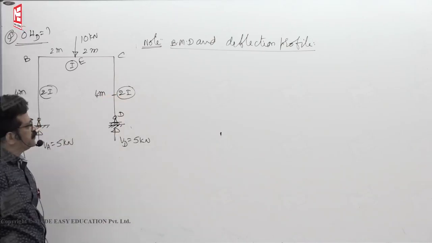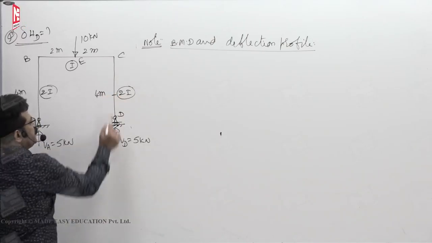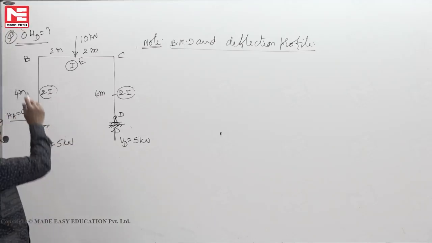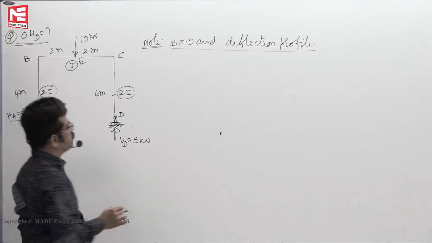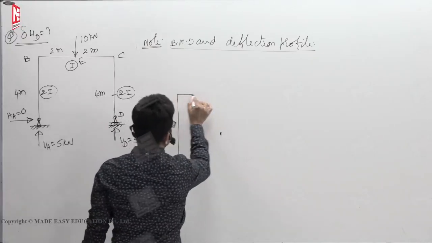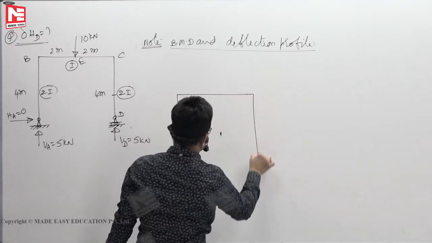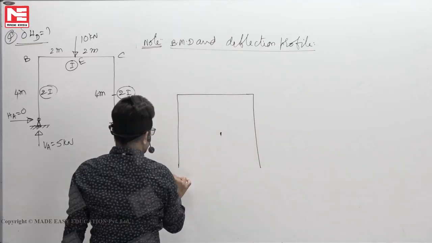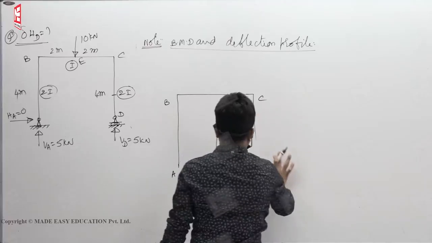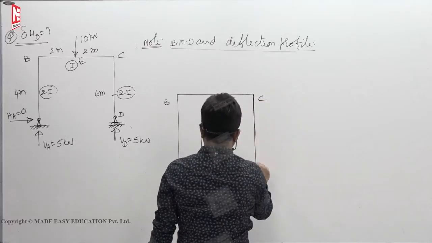Stand here, look down. 5 kilonewton will give 0 bending moment. That means in the column CD, in the column AB, bending moment is 0. This is A, B, C, D.